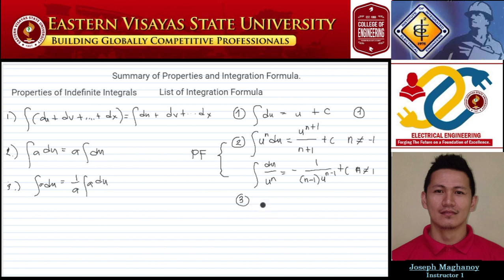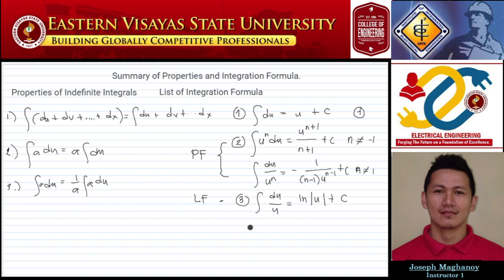For our third formula, you have the logarithmic formula. You have du over u equal to ln absolute value of u plus c. This is our logarithmic formula.